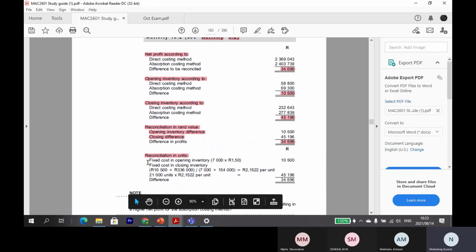Then one question could ask you in units. How do I get it in units? You get your fixed costs in your opening inventory. That will be your 7,000 multiplied by 150 from your calcs.